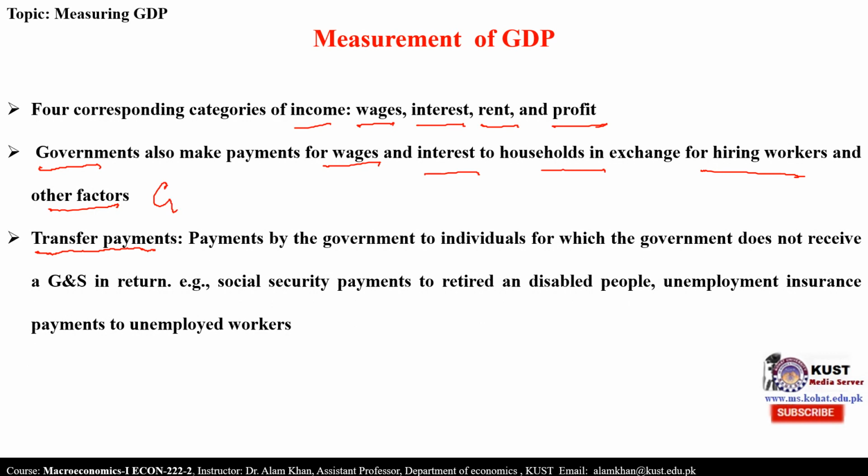When we talk about government expenditure, like government sector, government employee, government fund, in the government expenditure case, government will hire workers or other factors. It means the workers will provide their resources in the form of time, and as a result government will pay.